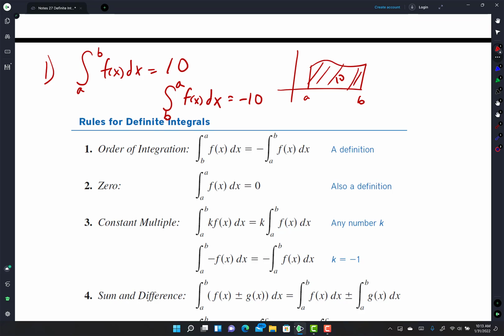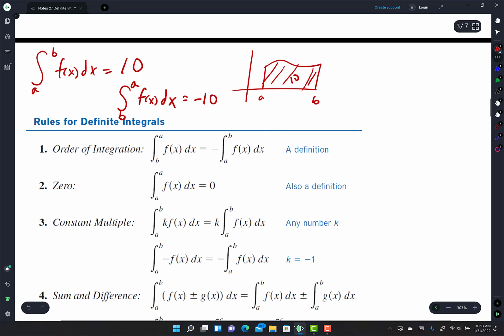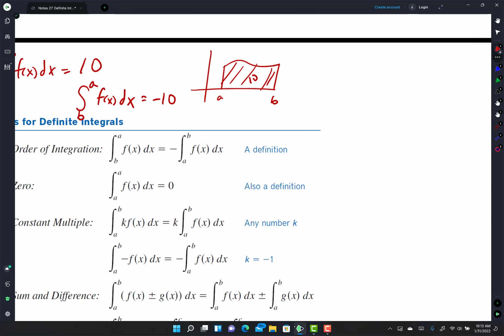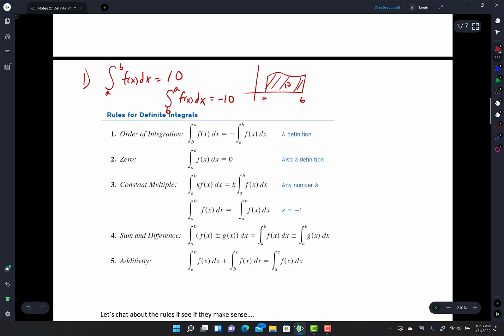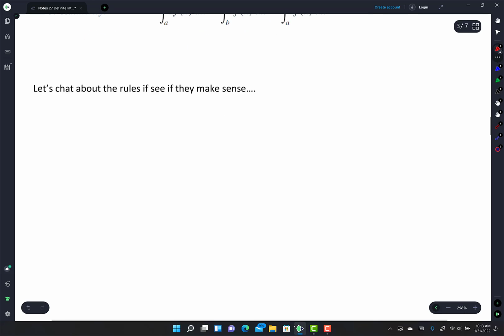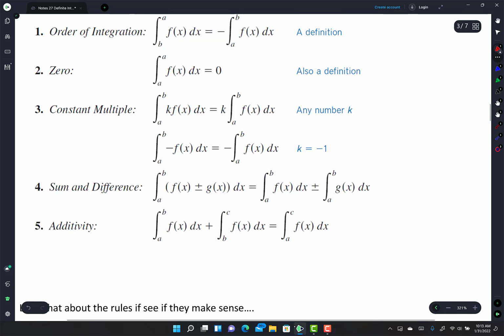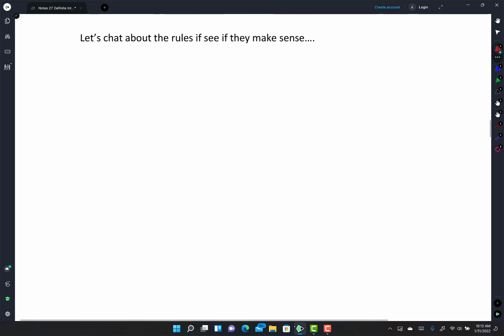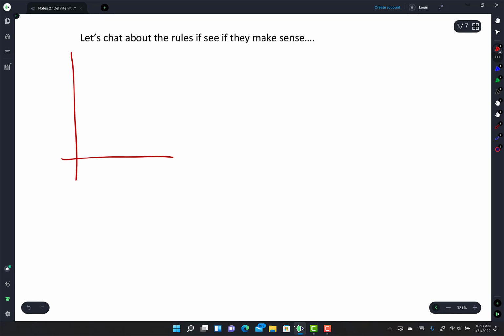Don't worry, we'll use a real problem. You know what, I'm thinking of one right now. So let's do a nice big rectangle. Down here where it says let's chat about the rules. So let's chat about rule number 1. There's a train that's going 50 miles an hour, and I think I used this example last time, but we're going to use it again.